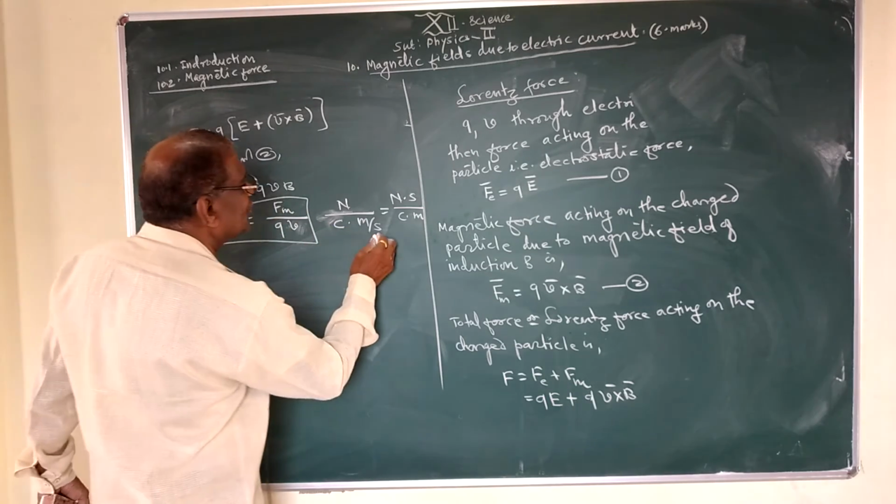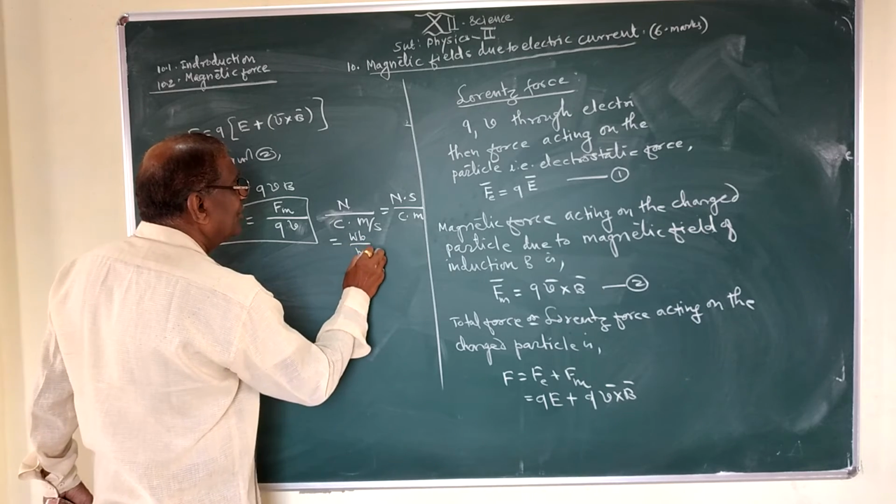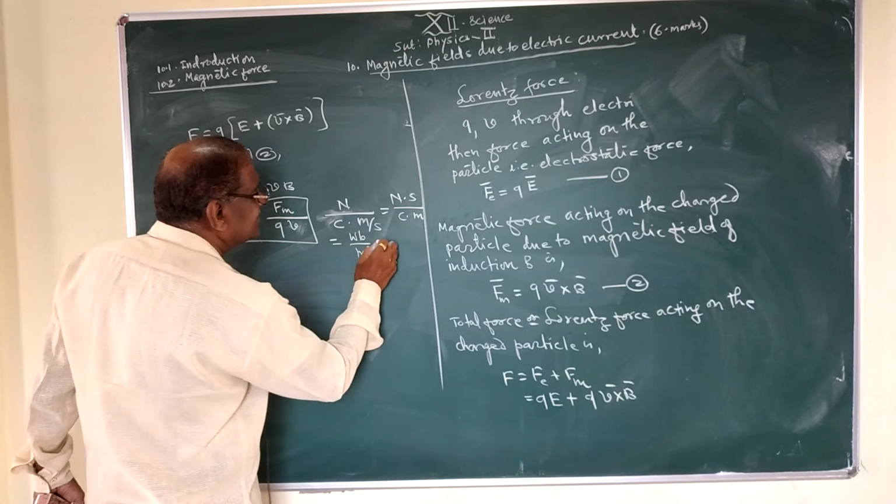This unit is called Weber per meter square, also called Tesla.